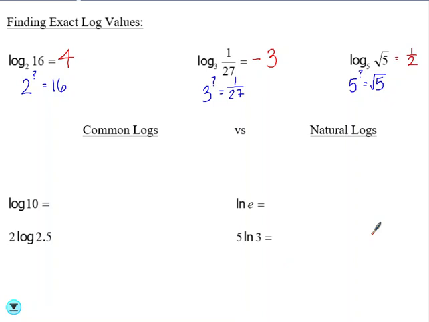Now, we do have two different types of logs. We have common logs and natural logs. Common logs are base 10.